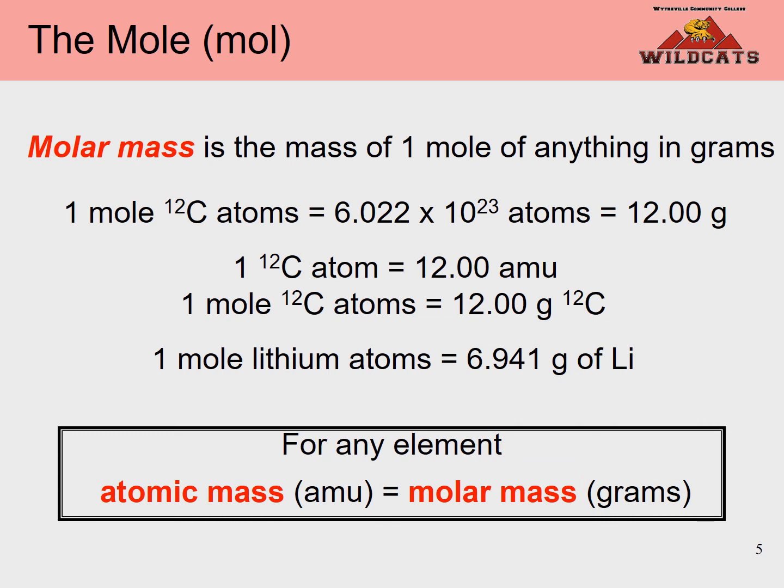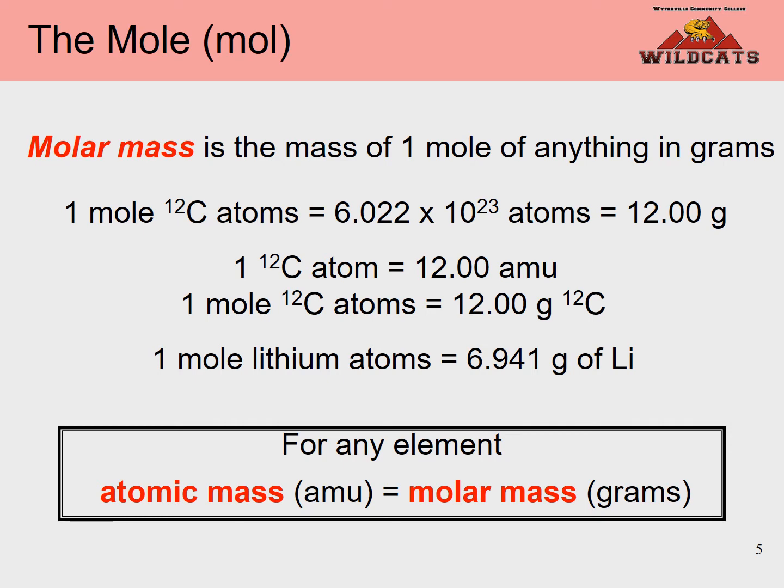Molar mass is the mass of 1 mole of anything in grams. Well, you just saw how big that number was on the previous slide. So in reality, the only things that we really use the mole for measuring the mass of are atoms and ions and molecules. So 1 mole of carbon-12 atoms would have 12 grams. See how it's 12 AMU and 12 grams?